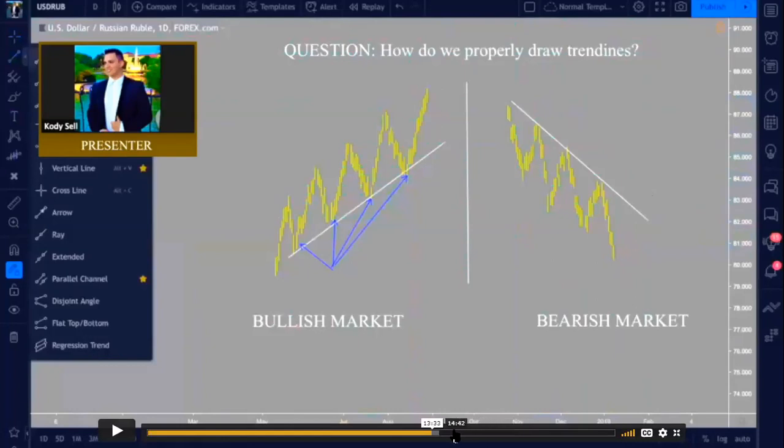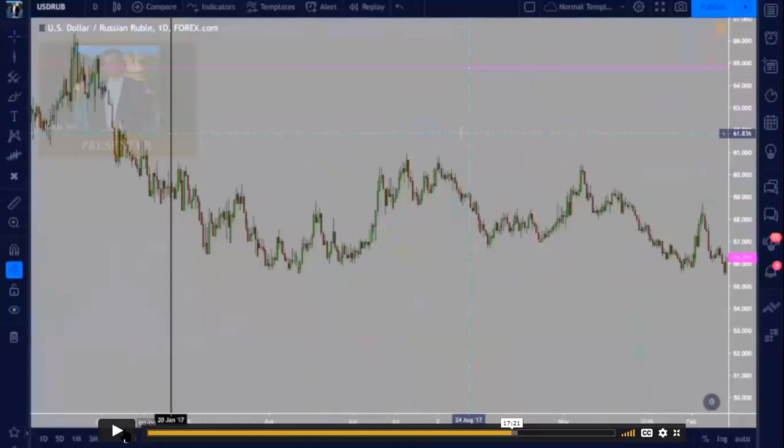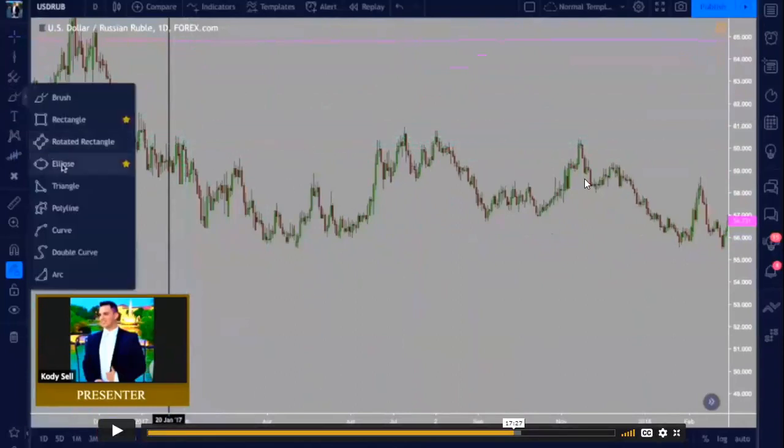So let's look at, okay, here, you see how this got the 3 touches here? Now, let's watch him actually draw some trend lines. And we're going to just start with this area right here. So the first thing that we're going to note, don't let this trip you up.